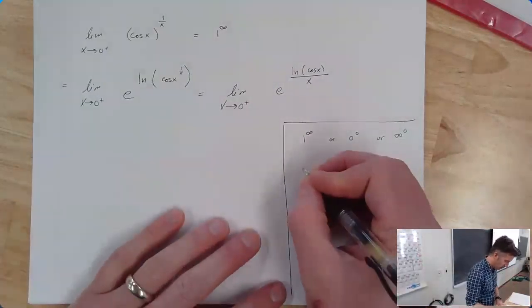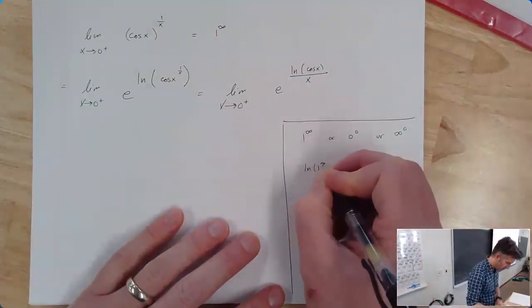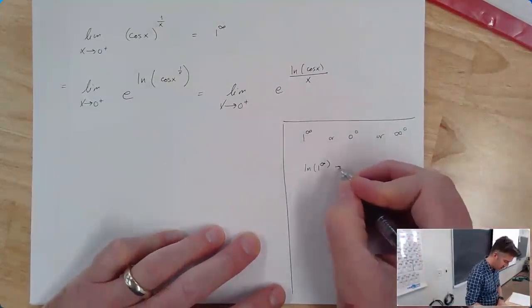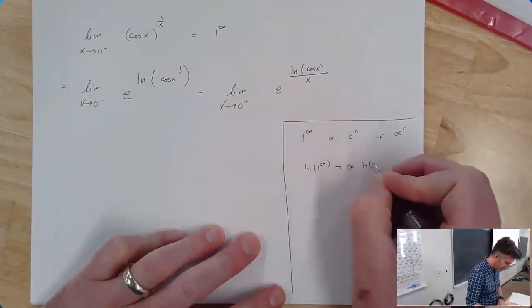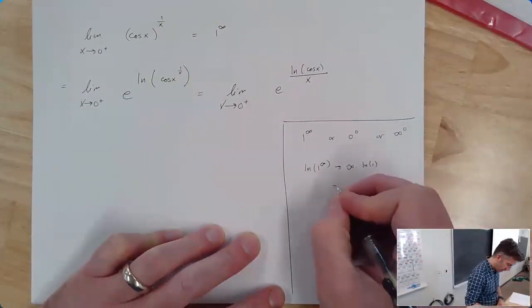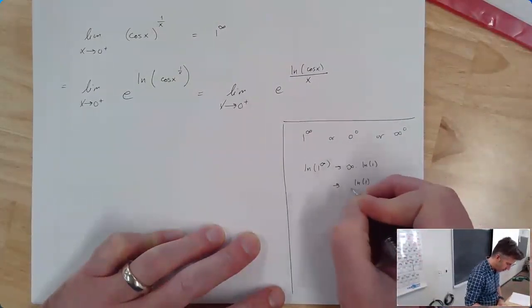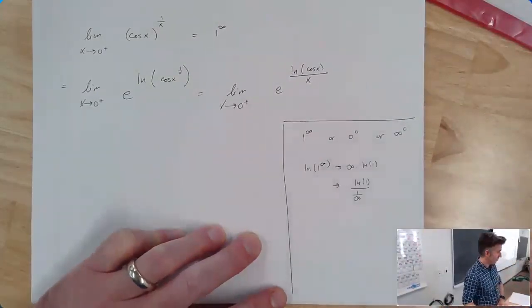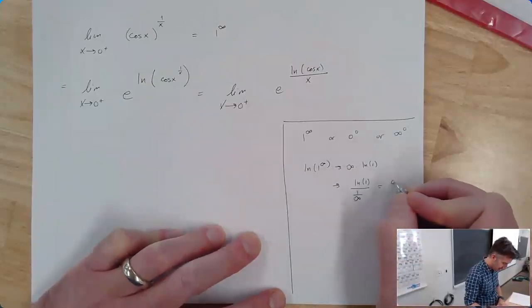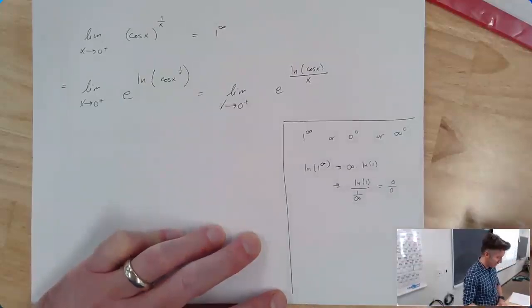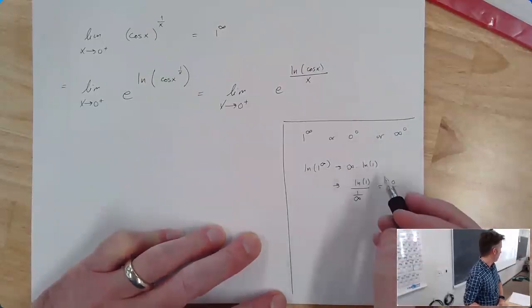Here's what I mean. If you do the natural log of 1 to the infinity, you bring down the infinity, you've got infinity times the natural log of 1. And if you divide by the reciprocal, you've got natural log of 1 over 1 over infinity, which is exactly a 0 over 0 form. Natural log of 1 is 0, 1 over infinity goes to 0.